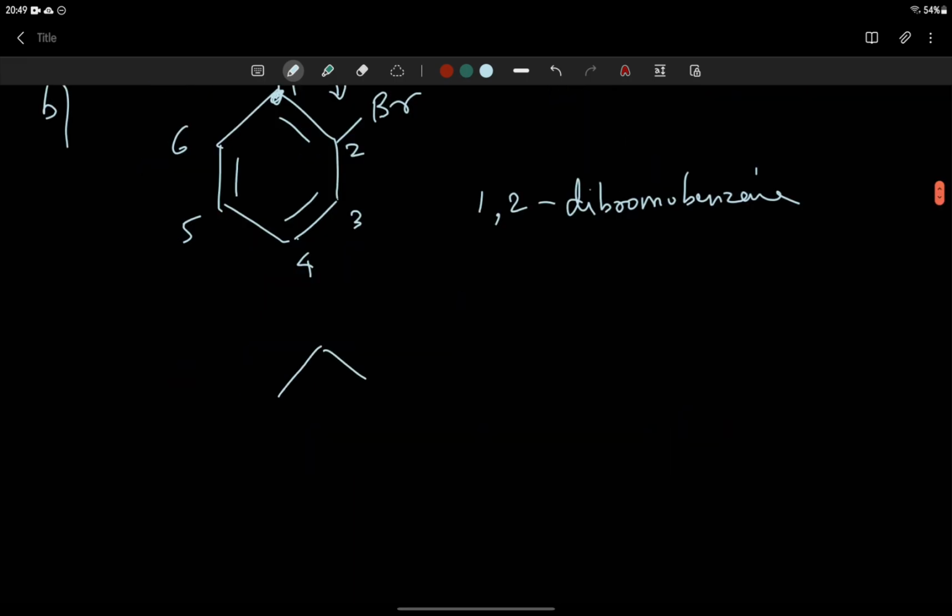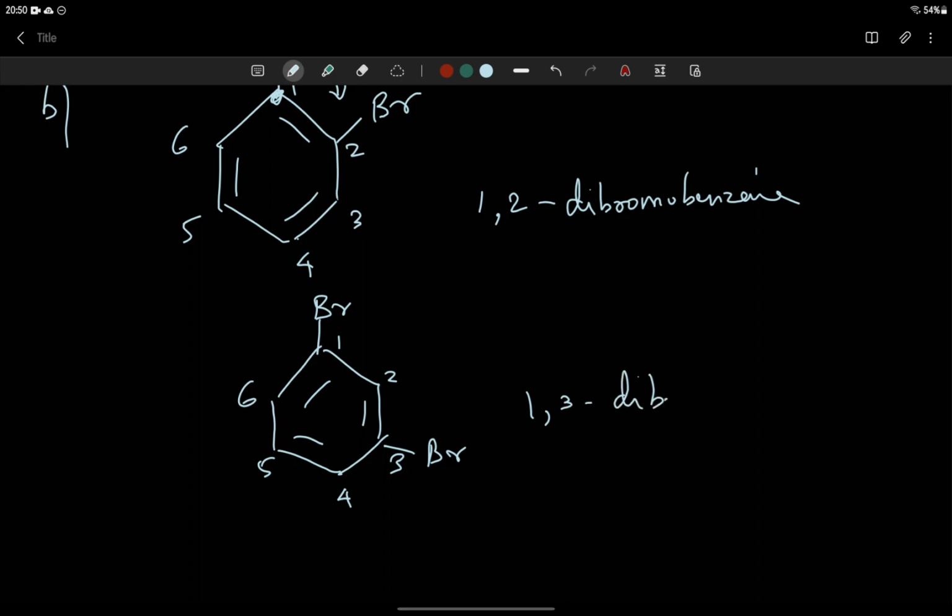Now again, just suppose you have this position, and here are two substituents attached in the benzene ring. So again we are going to number this in such a manner that the two bromine atoms, or substituents, get the lowest possible numbers. So here we will write 1,3-dibromobenzene.